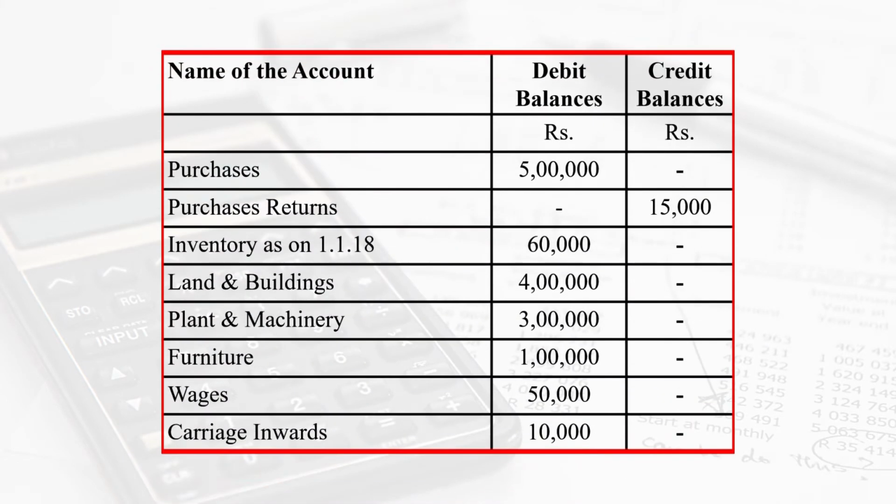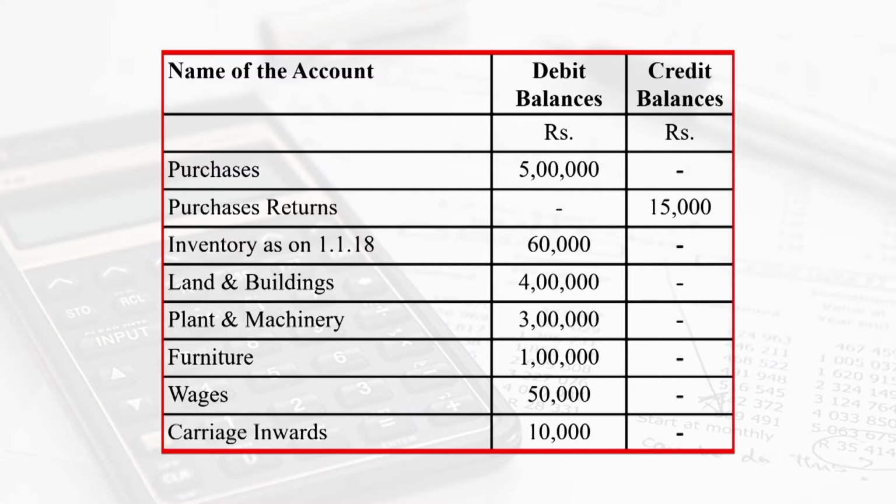Then the next one is purchases, which have a debit balance of rupees 5 lakh. Then purchases returns will have a credit balance of rupees 15,000, because purchases have a debit balance, therefore purchases returns will have the credit balance.